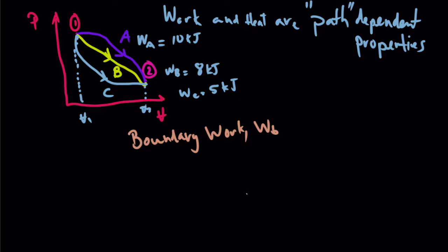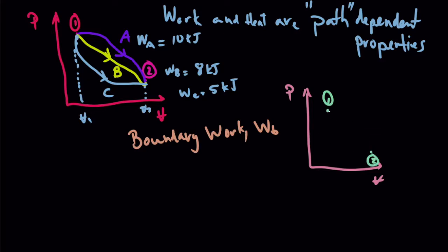Now if we were to do a cyclic process, in other words, if we looked at volume on the X axis and pressure on the Y axis, we're going to go again from 1 to 2.